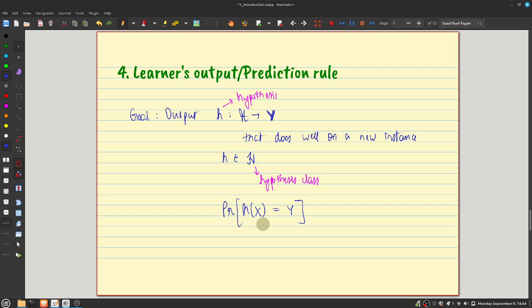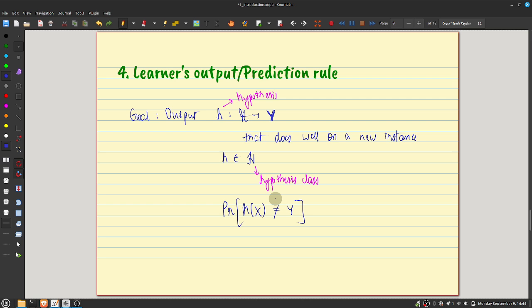In other words, this is one way of characterizing it, or I can also say, what is the probability that you go wrong? If I see a completely random instance, then what is the probability that this hypothesis makes a mistake? In the case of classification, this is very natural.